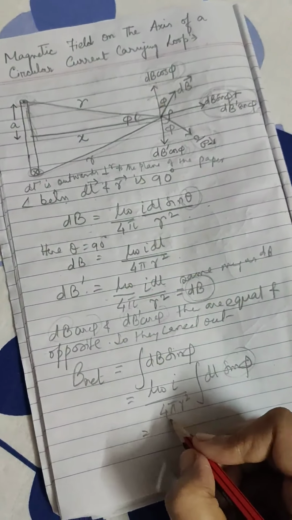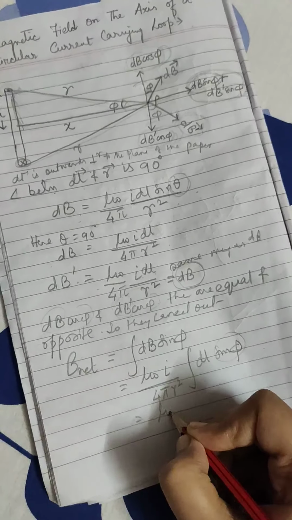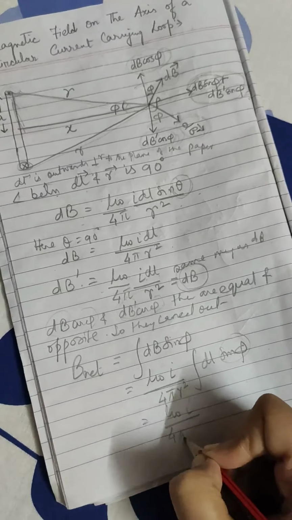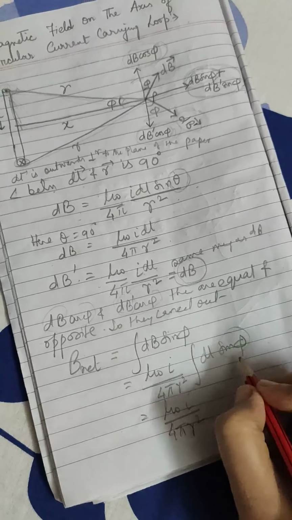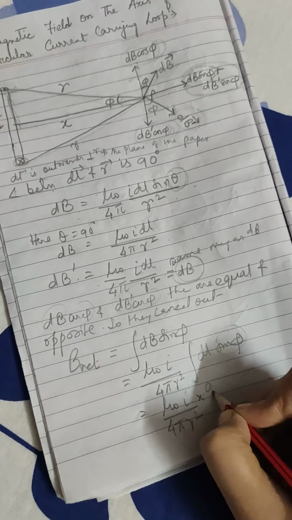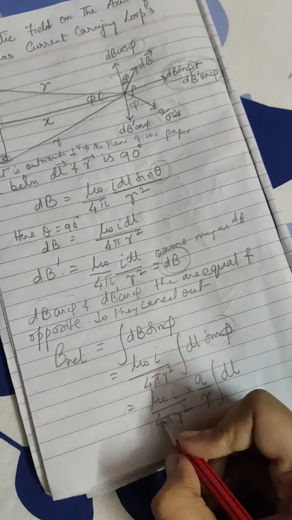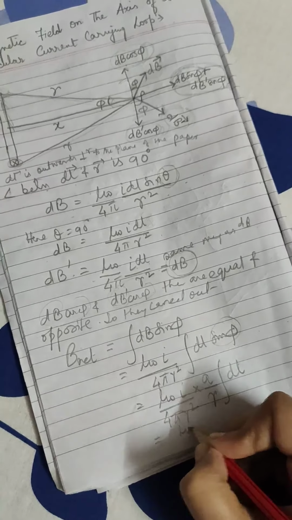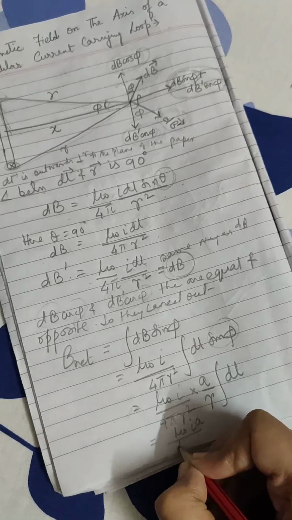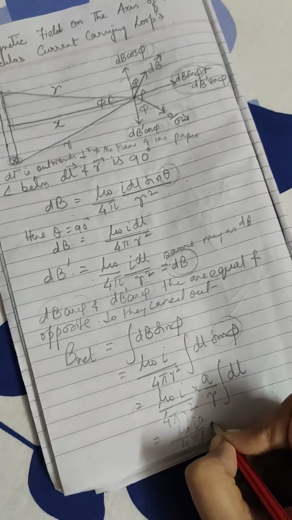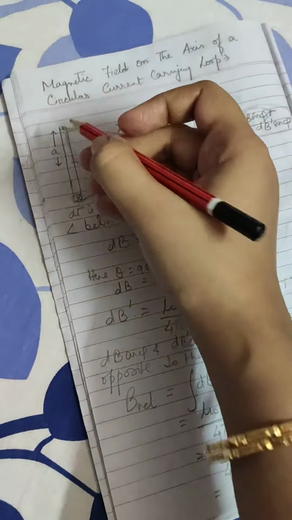So it is mu naught I by 4 pi r square dl sin phi. In the place of sin phi, I can write a by r integration of dl. So mu naught I a by 4 pi r cube integration of dl.